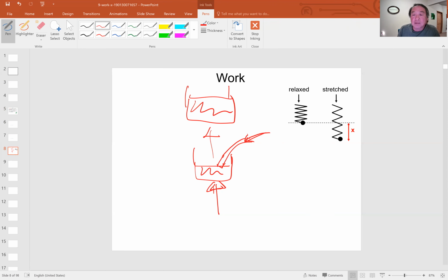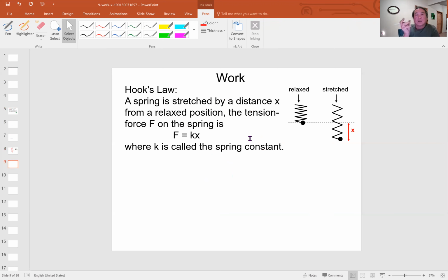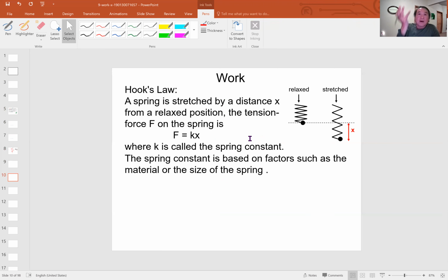In the picture over here, I drew it upside down. We start at the relaxed position, and I stretch it. Now there's a force that wants to pull it back, to contract to the original relaxed position. According to Hooke's law, that force is proportional to the distance you stretch from the relaxed position. It's a constant times the distance you stretch.